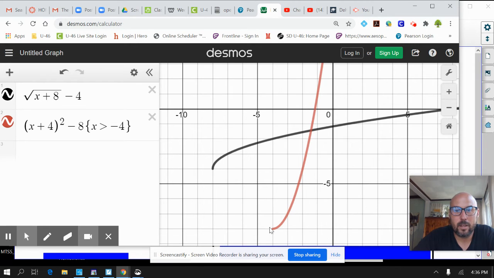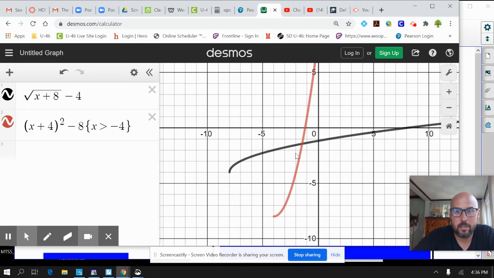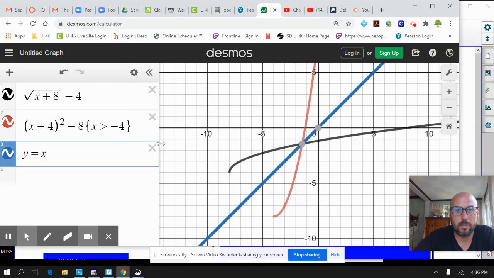But here's that parabola that's only existing for x values beginning at negative 4 and moving towards infinity. And here is a relationship of these two functions, and they are absolutely inverses of each other. If you flip all the x, y's on the black one, you'll get the red one. And furthermore, if you graph y equals x, of course, they're symmetrical.